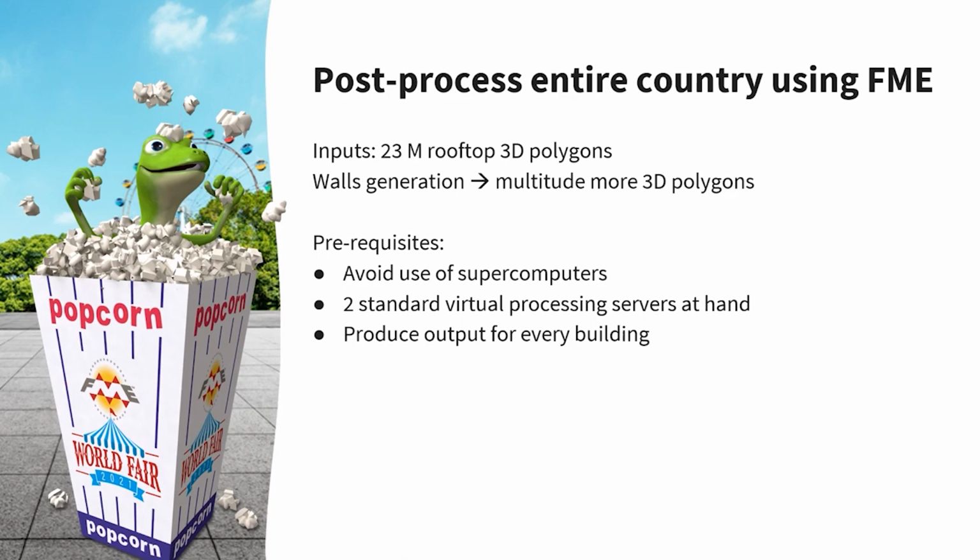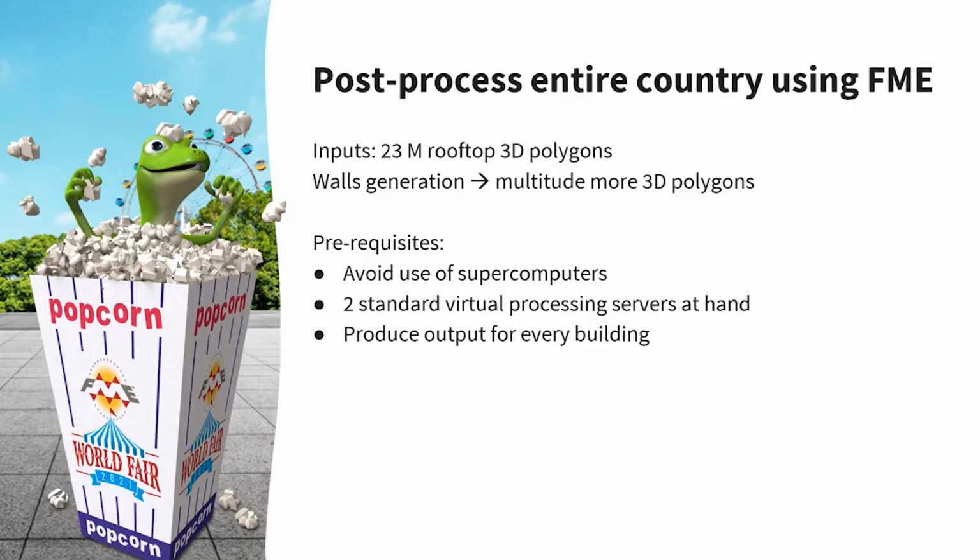Imagine what we would have to do if we had to process France or Germany or even bigger countries like that. We also had some prerequisites. We did not want to have to use supercomputers, and we tried to do the work using only 2 standard virtual processing servers.